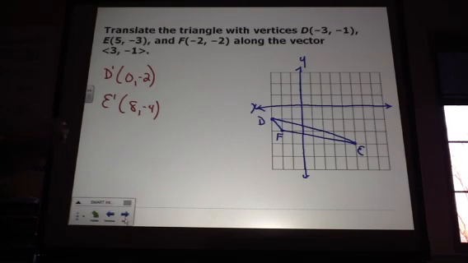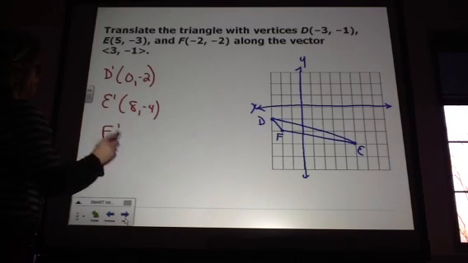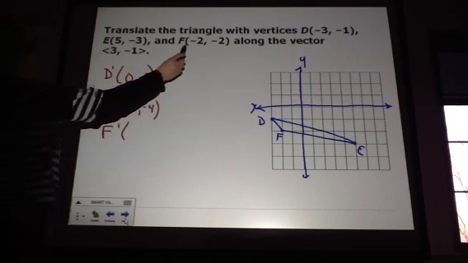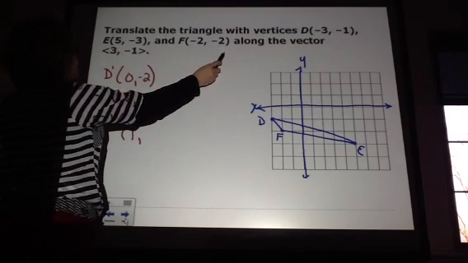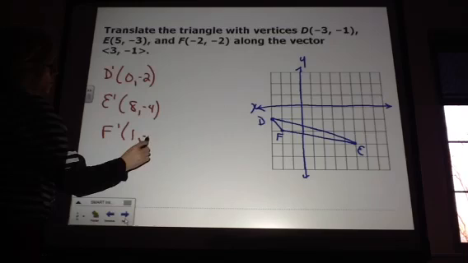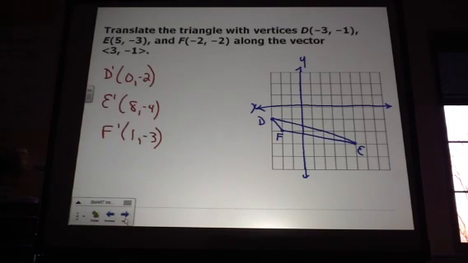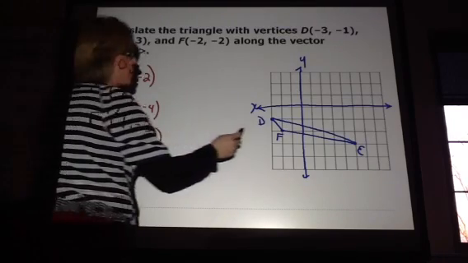All right, and then we need to go to F prime. So we have negative 2 plus 3, which is 1. And we have negative 2 plus a negative 1, which is a negative 3. Okay, now we need to graph our image here. So 0, negative 2.